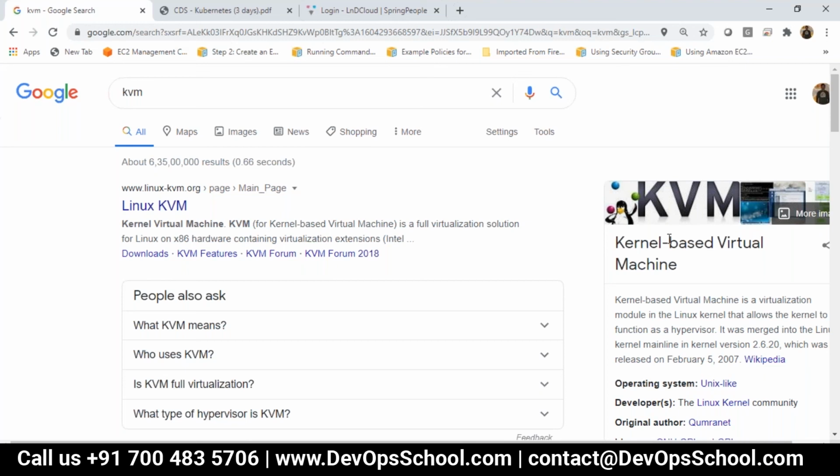All the new servers nowadays they are putting on KVM, because with Citrix they have to pay money to Citrix. So they are moving some of the environment to KVM. But it is for smaller organizations. Okay.